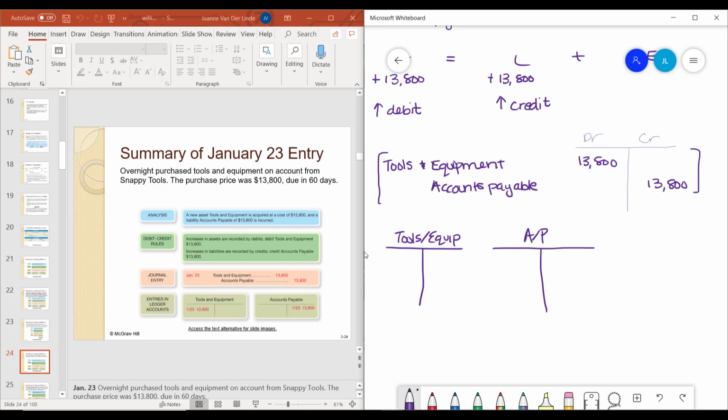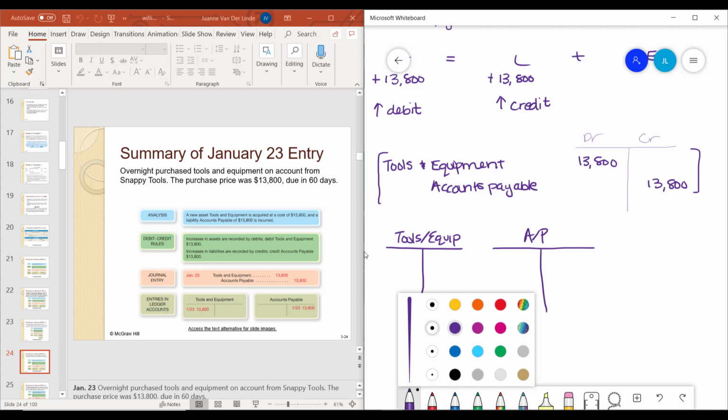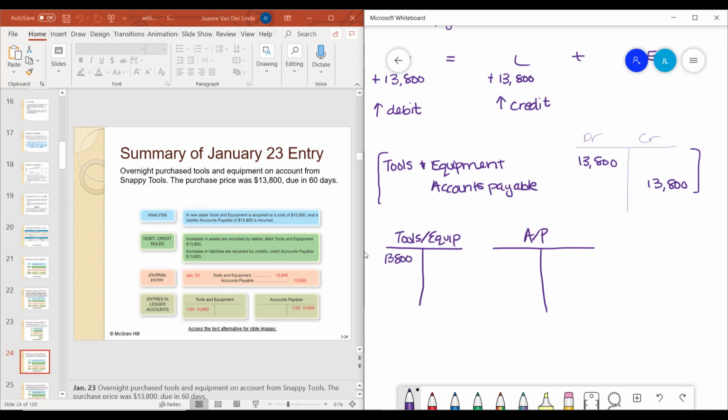Debits and credits. So tools and equipment we can see is being debited by putting the number on the left-hand side. So I have to debit the tools and equipment T account for $13,800, and then I have to credit accounts payable for $13,800 on the right. And we are in balance because my debits equal my credits.